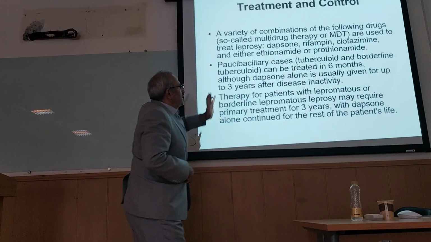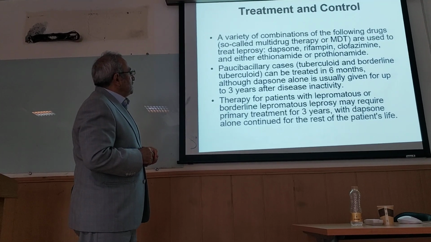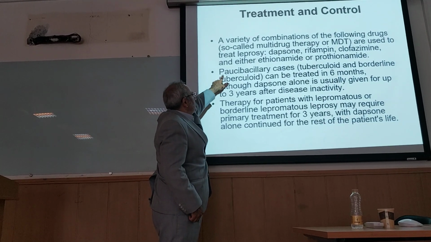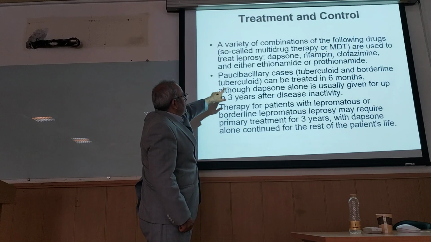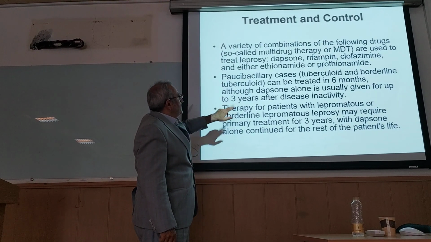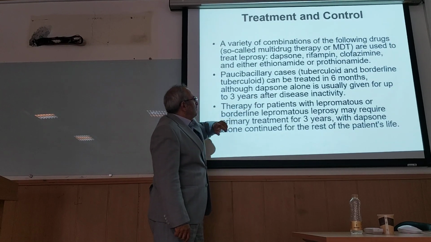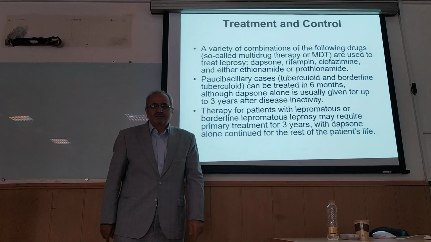What about tuberculoid leprosy? It says paucibacillary or tuberculoid leprosy is treated in 6 months, but it should be continued with dapsone for up to 3 years.